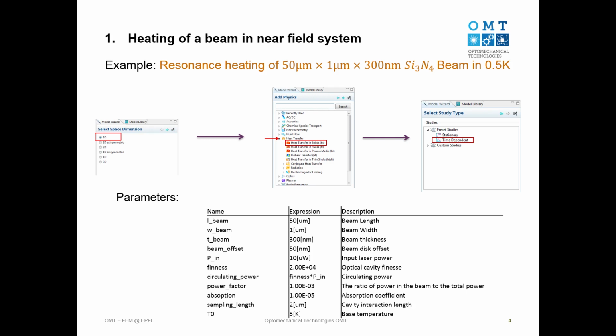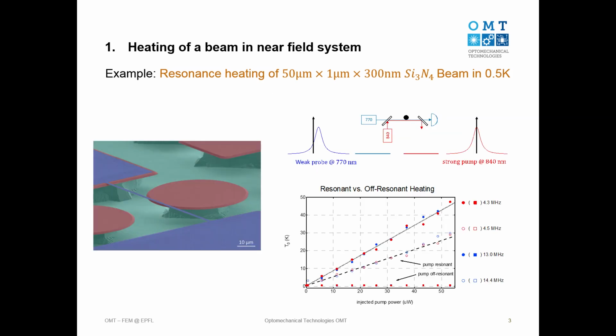It's a little beyond the topic of this simulation, but this fraction is on the order of 10 to the minus 3. So only 0.1% of the optical mode volume sits in this tiny beam. Why? First of all, it's outside the cavity, and also it's very small. So that's the ratio of power in the beam compared to the total circulating power.